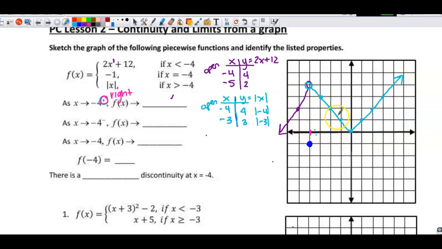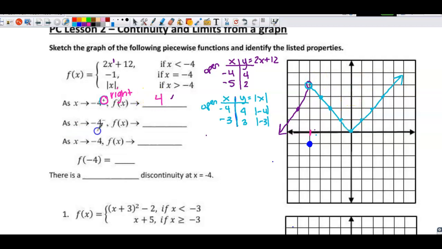So as I go up this light blue graph, and here are the x values, -3, as I'm going towards the x value of -4, where is the y value headed? Like, it's not touching it, but what y value is it going to as x approaches -4? And it's going to the y value of 4.